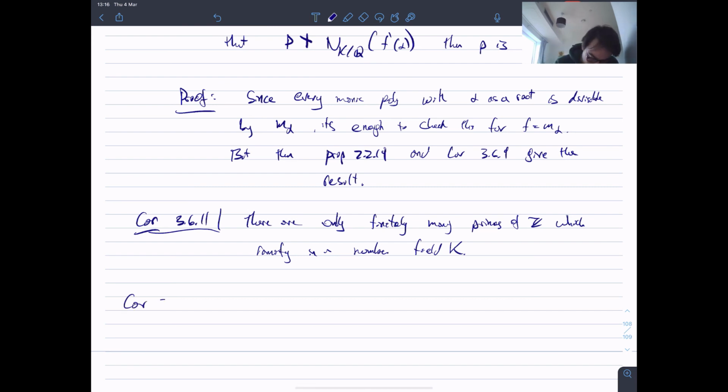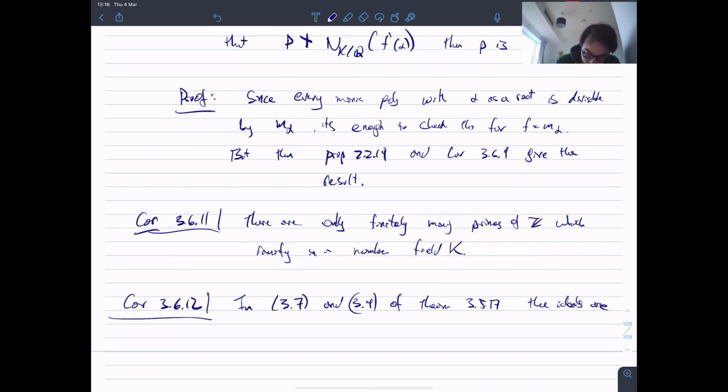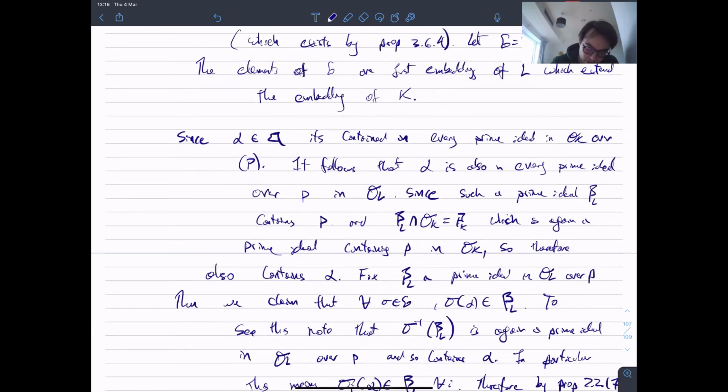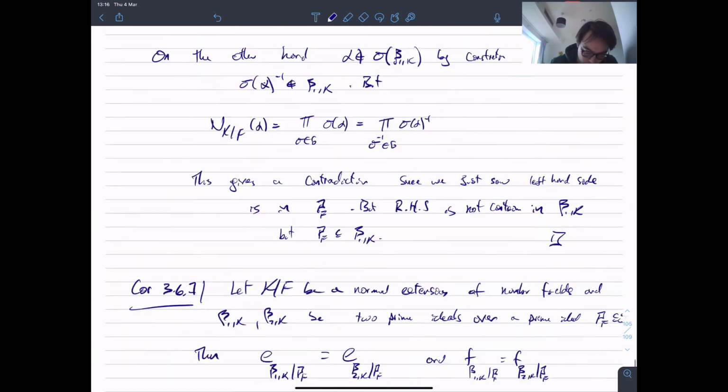So this is Corollary 3.6.12, which is the following. I'm just going to use notation 3.7 and 3.9 of Theorem 3.5.17. The ideals are distinct. So I can go back and show you the result.